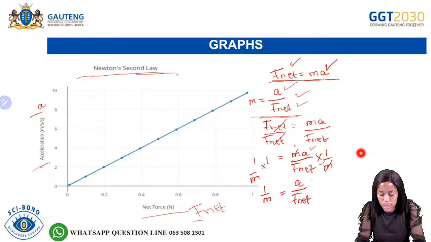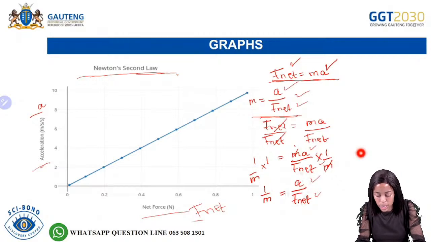This acceleration divided by the F net, we said it represents the gradient. So as an example, they can give you a graph of the acceleration versus the net force, and then ask you to calculate the mass of the object. What are you going to do?